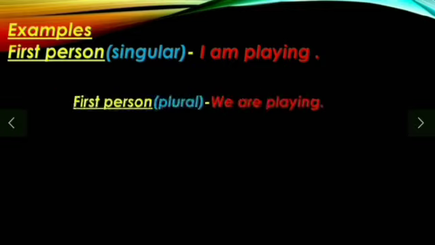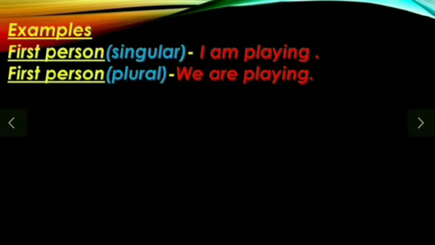Here I am the speaker. First person plural. Here the sentence is we are playing. Here we use the pronoun word we for first person plural. Here we are speaking about ourselves. Here we are the speakers.